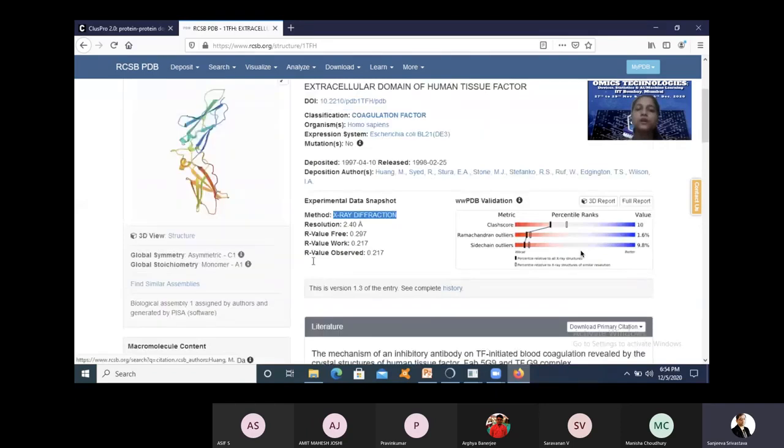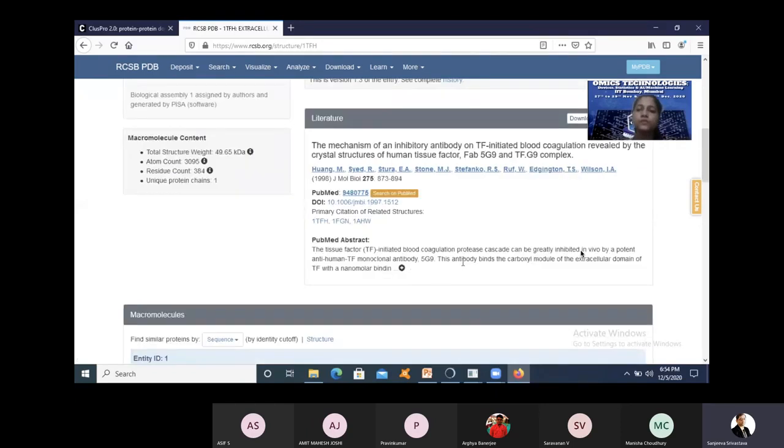Whenever we take any protein for bioinformatics studies, it is important that we know more about the protein, like the inferences of the team, the scientists who determined the structure, and the research papers they have published on that protein.